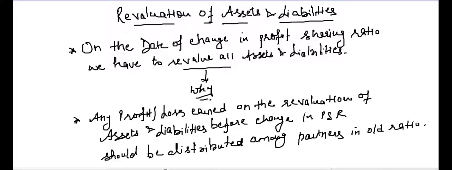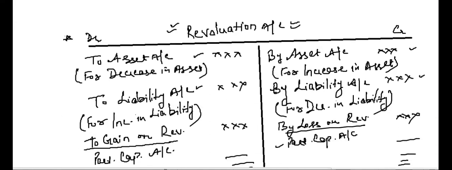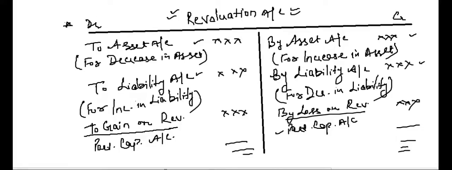Because any profit or loss on the revaluation before the date of change in profit sharing ratio should be distributed among partners in old ratio, as per the advice of chartered accountant friend Z. For that purpose we will be preparing the revaluation account.